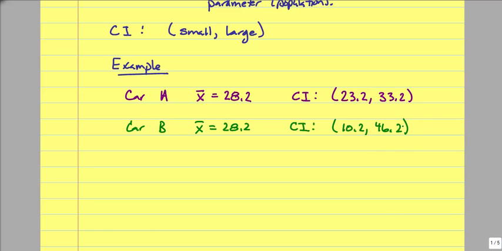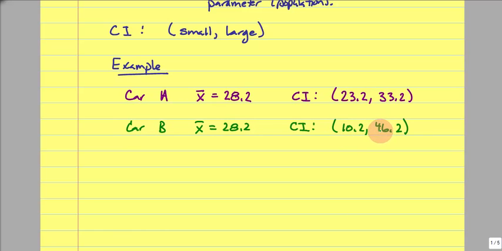Now, if I was going to purchase my car based solely on this information, it looks like car A is a lot more consistent with its mileage. It only ranges plus or minus 5 miles per gallon, whereas this one has a wildly ranging miles per gallon. Car B goes clear down to about 10, clear up to 46.